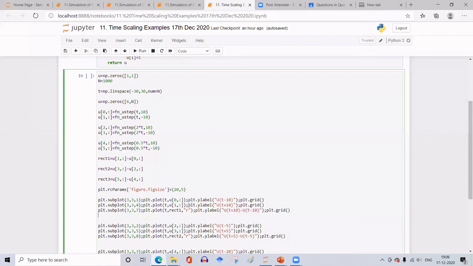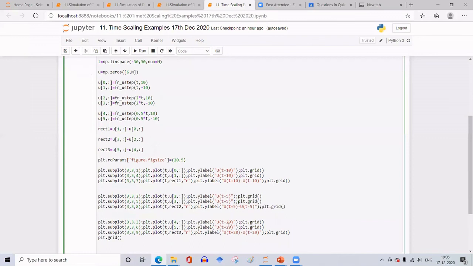Similarly, the second column has 2, 5, 8 as the numbers for those cells. In those cells, I'm plotting u of 2t comma 10. So that I'm plotting here.